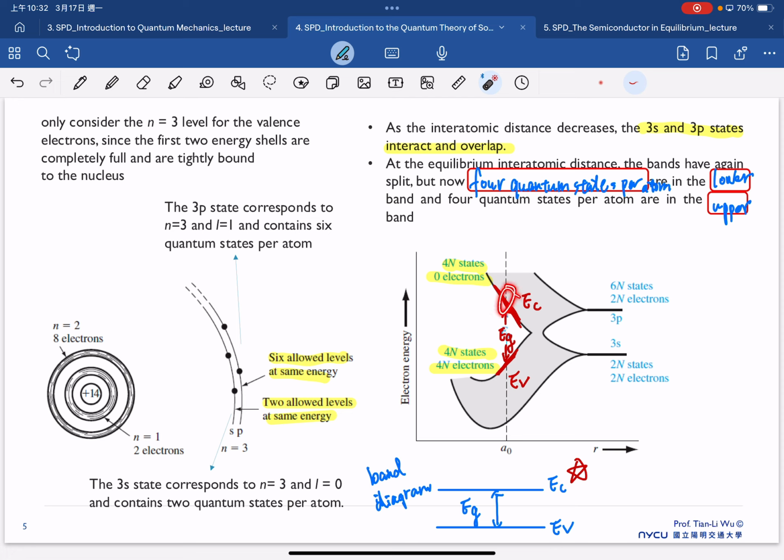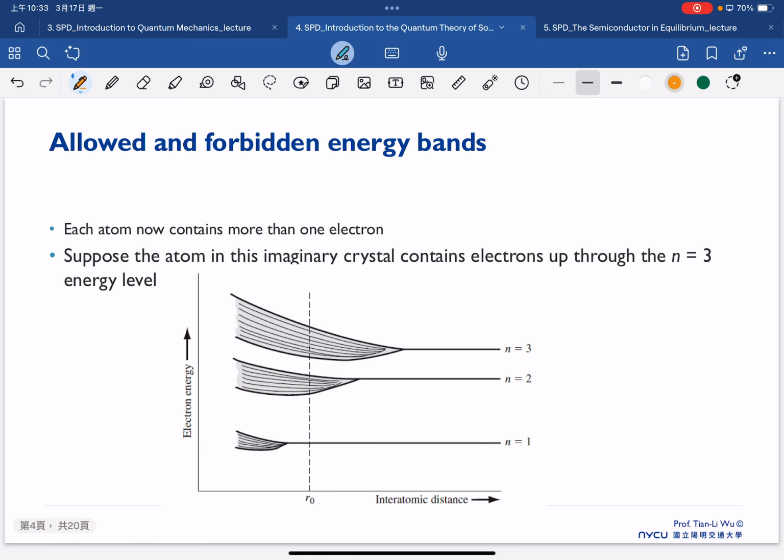So in between, sometimes for simplicity we call it the band gap, but actually the real name for this is the forbidden band, the forbidden energy band.